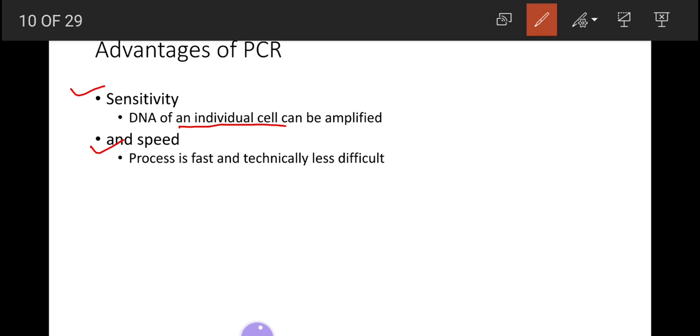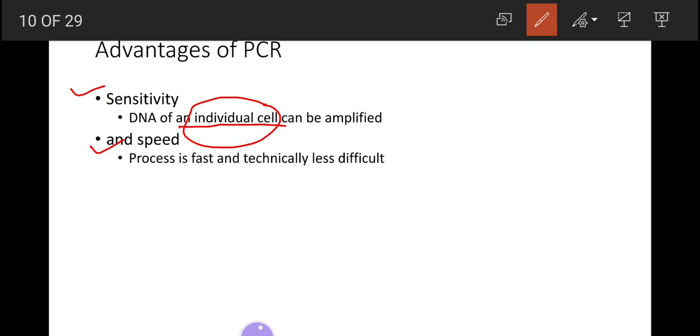It is so sensitive that even a minute amount of the DNA can be detected by the PCR machine and by the enzymes and all other things present in the PCR reaction, and the reaction can take place.